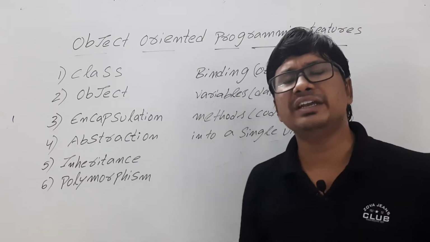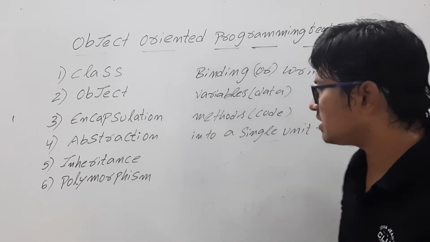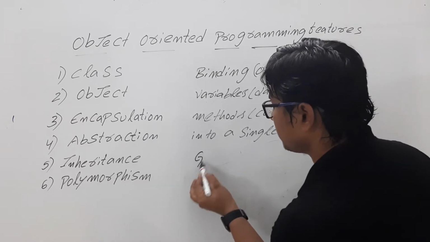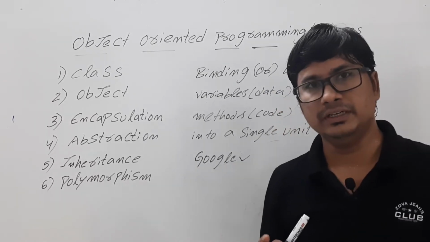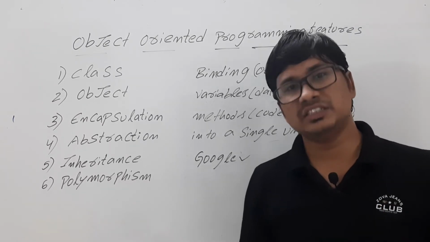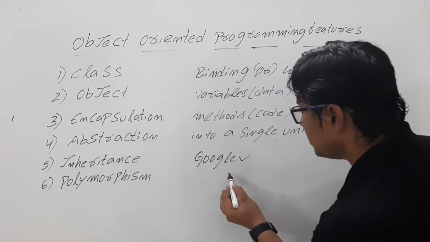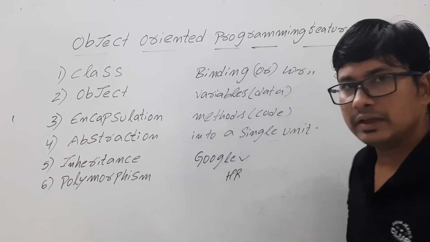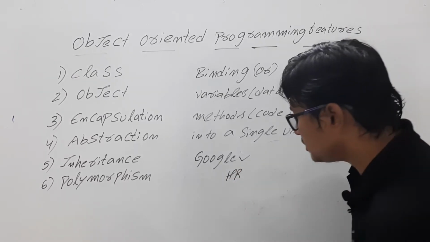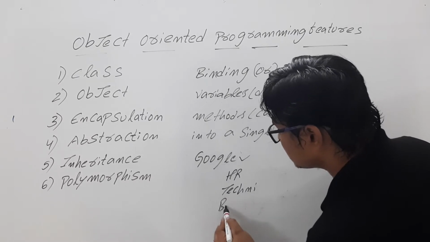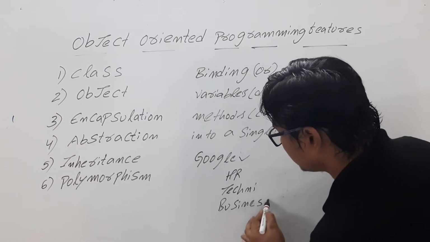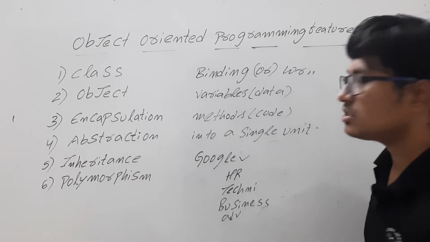Or if I want to give an example, let's take that Google is a company. For an outside person, Google will look like one company. But what sub-organizations does it have? Who is leading the HR team at Google in Bangalore? Who is the technical head? Who is the business head? Who is the advertisement head? All these things you don't know.